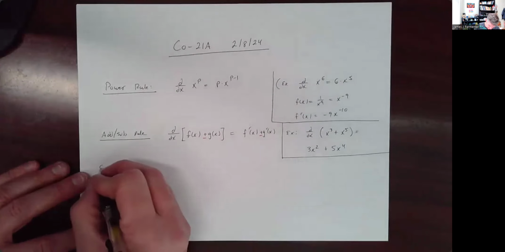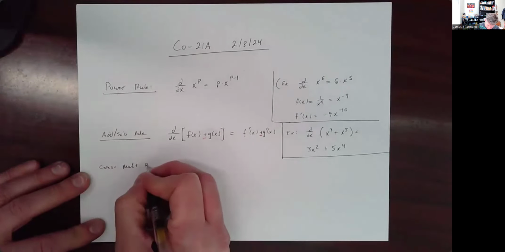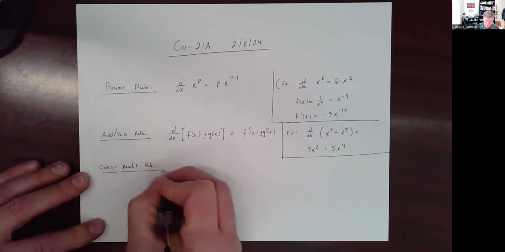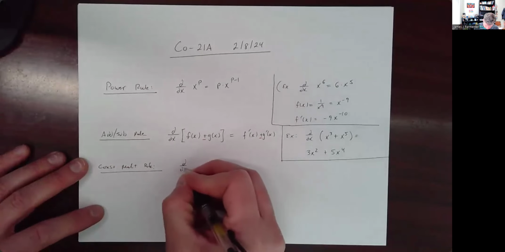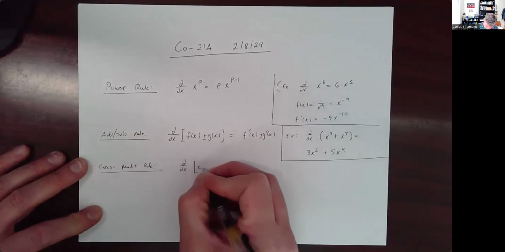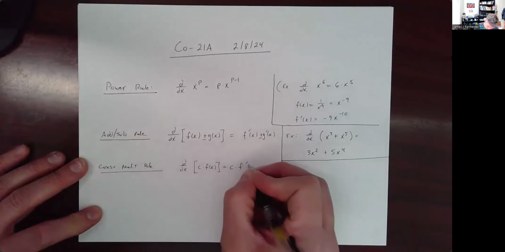There's also the constant multiple rule. Again, these two rules are the ones I think of using all the time without actually explicitly stating that we're using them. The derivative of a constant times a function is the constant times the derivative of the function.